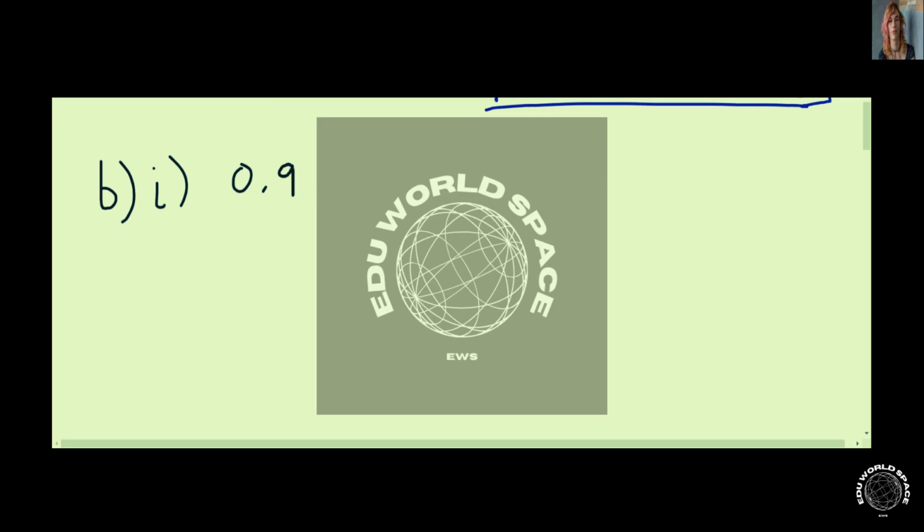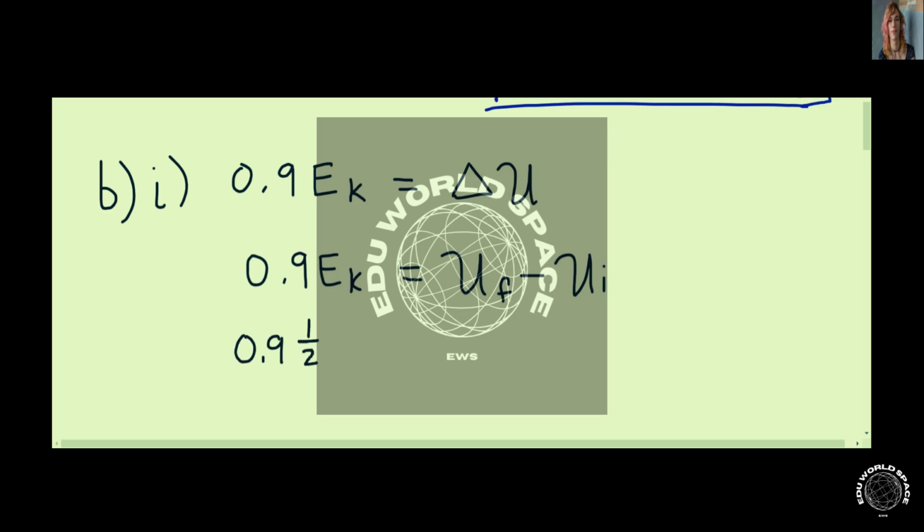So what I'm going to do is I'm going to take 90% or 0.9 of the initial kinetic energy, and I'm going to set that equal to a delta U, or a change in potential energy. So 0.9 EK will be equal to the final potential energy minus the initial potential energy. And what I'm going to do now is I'm going to actually sub in the formulas that we usually use for these things. So for kinetic energy, 1/2 mv squared.